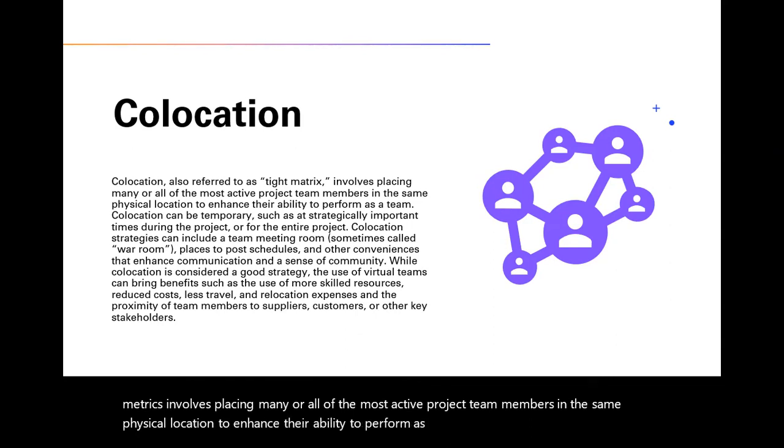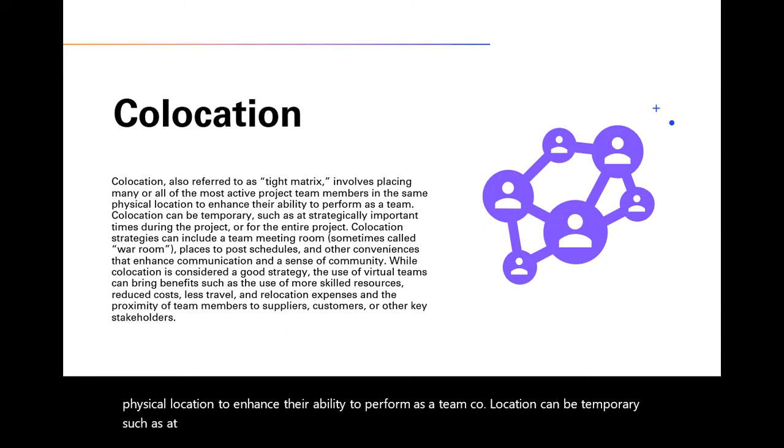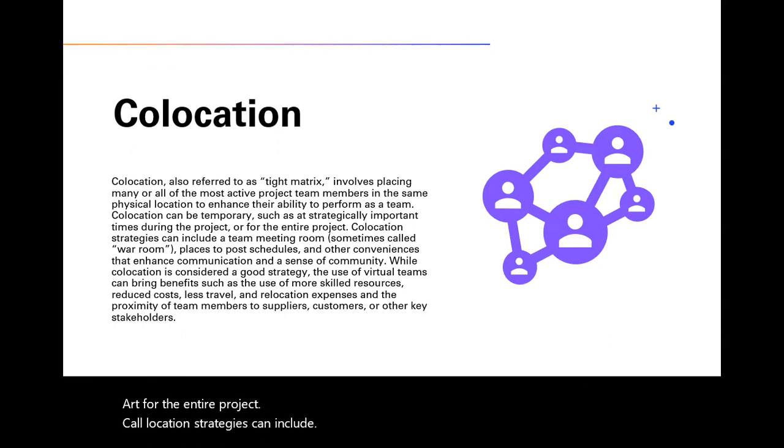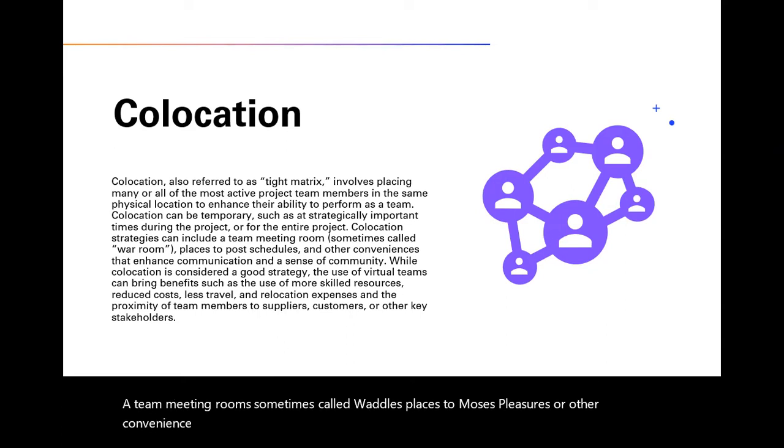Co-location can be temporary, such as at strategically important times during the project, or for the entire project. Co-location strategies can include team meeting rooms, sometimes called war rooms, places to post schedules, or other conveniences that enhance communication and sense of community.